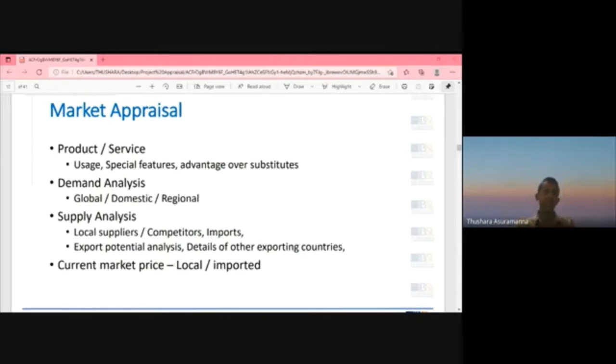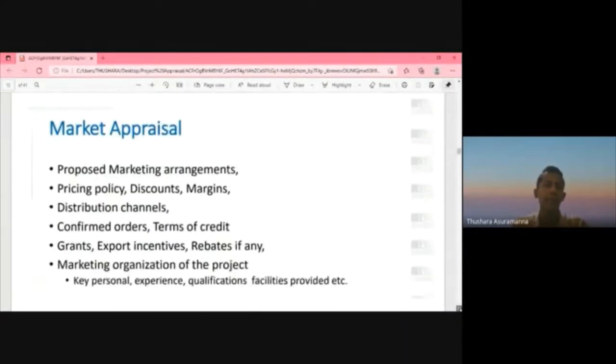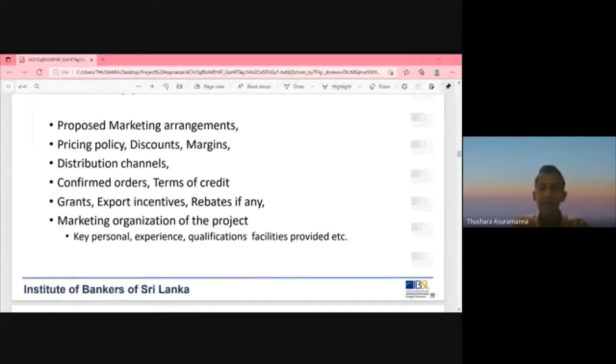That's it. To that extent, you need to explain. There may be several points, but you have to select at least 4 or 5, so then you can be comfortable. Is it okay, Rachini?